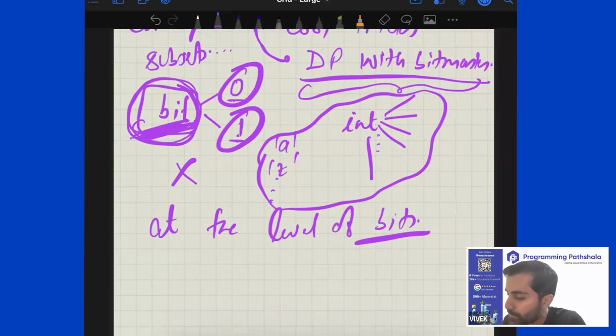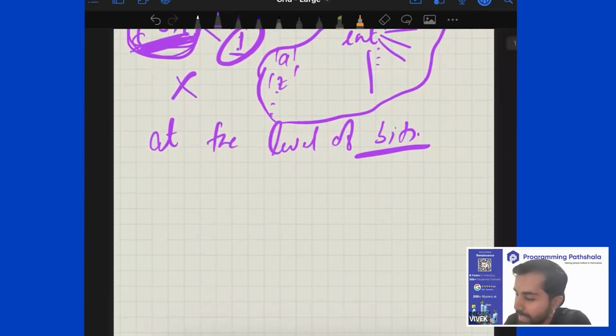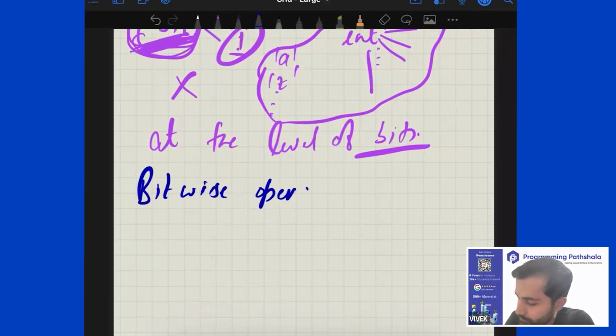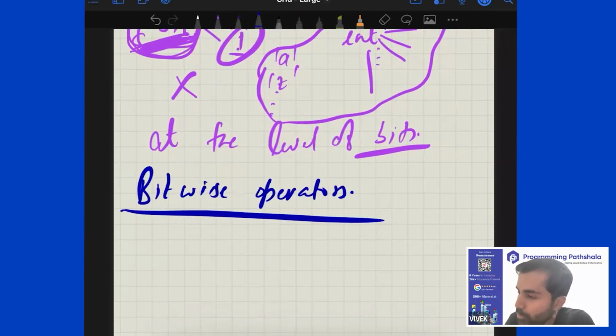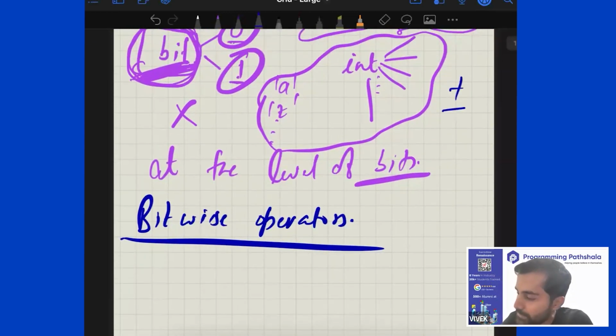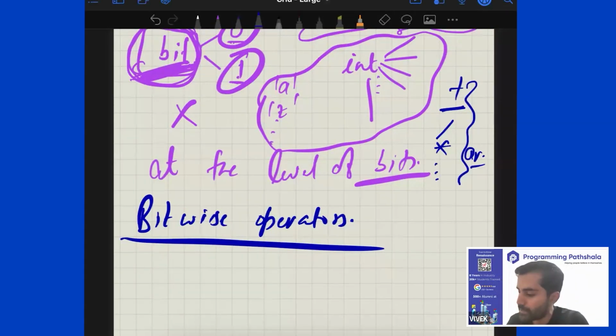But before you do bit manipulation, you have to know about the important bitwise operators. So you guys already know about arithmetic operators, right? All of us know that we have addition, subtraction, multiplication, and division. These are all arithmetic operators.